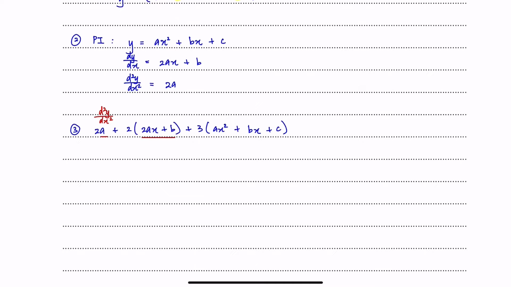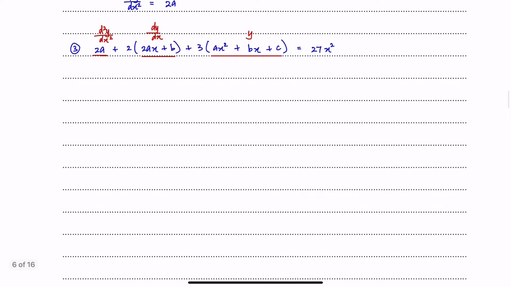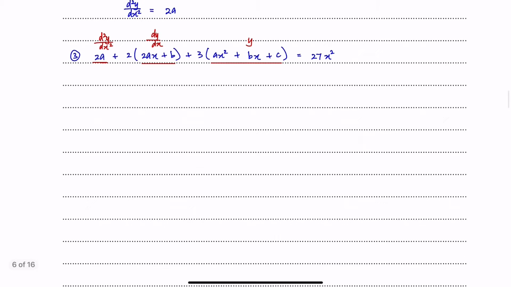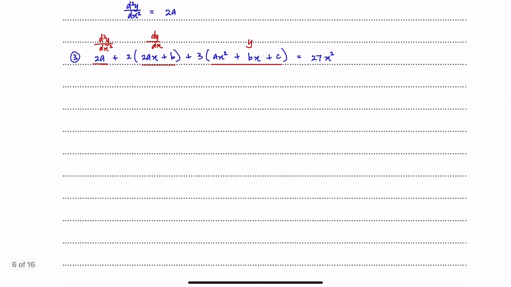This part is our dy over dx. And this part is our y. So after substituting in, don't forget our 27x squared. And now we can find a, b, and c. So this part we just compare the coefficients.